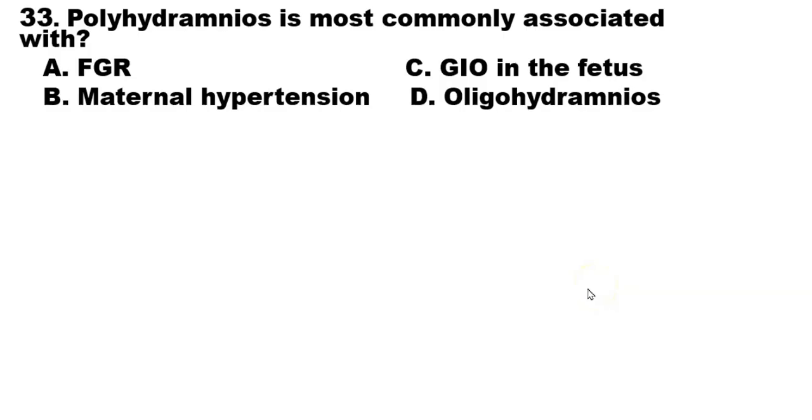The next question: polyhydramnios is most commonly associated with A. fetal growth restriction, B. maternal hypertension, C. gastrointestinal obstruction in the fetus, D. oligohydramnios. Think over it for 5 seconds.